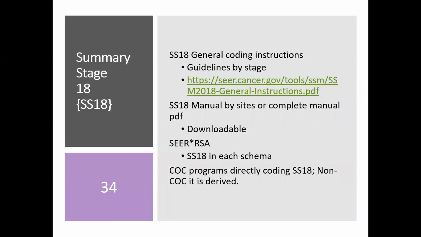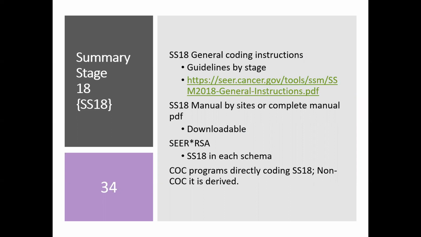Okay, the Summary Stage Manual, there is a standalone manual. It is a PDF. This is really not changed. If you wanted to download it, you certainly could. It's also found in the SEER RSA under each schema. College programs are directly coding Summary Stage 18.